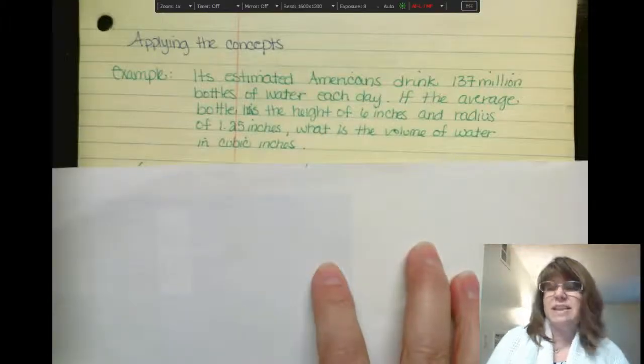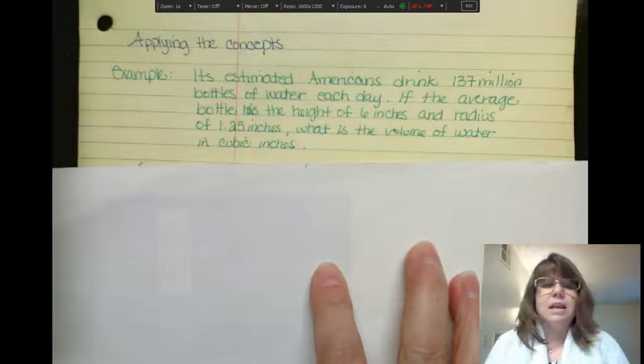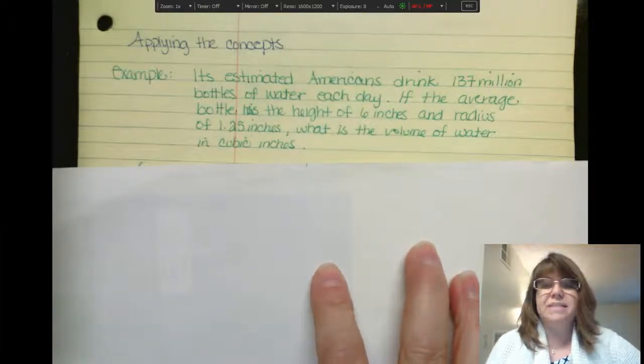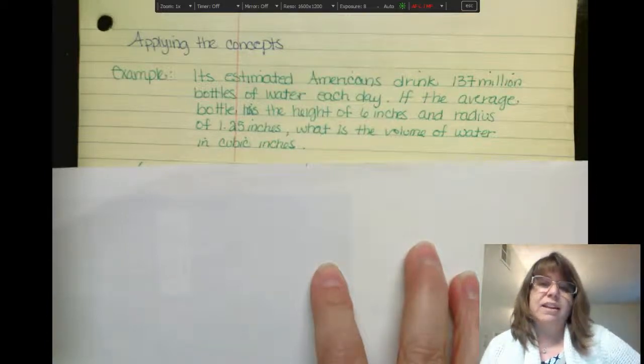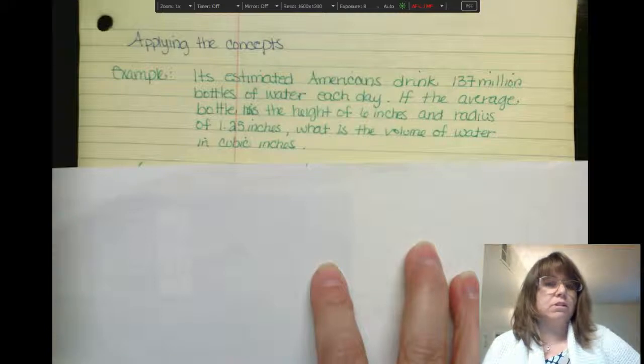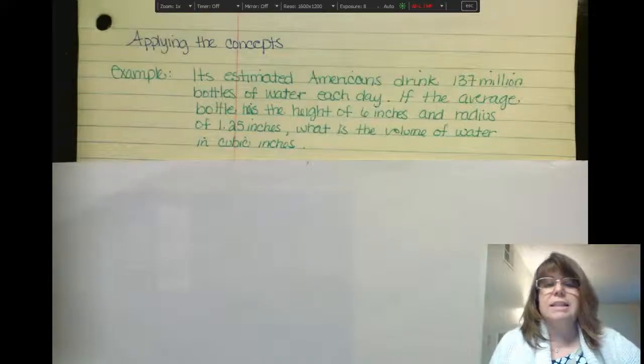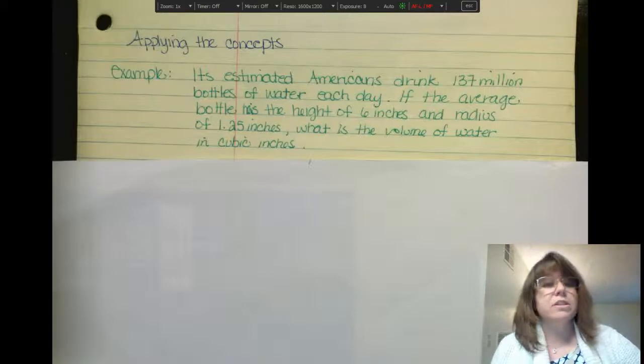So let's apply this to something that may make sense. It's estimated that Americans drink 137 million bottles of water each day. If the average bottle has a height of 6 inches and a radius of 1.25 inches, what is the volume of the water? Let's think about applying what we've learned so far.